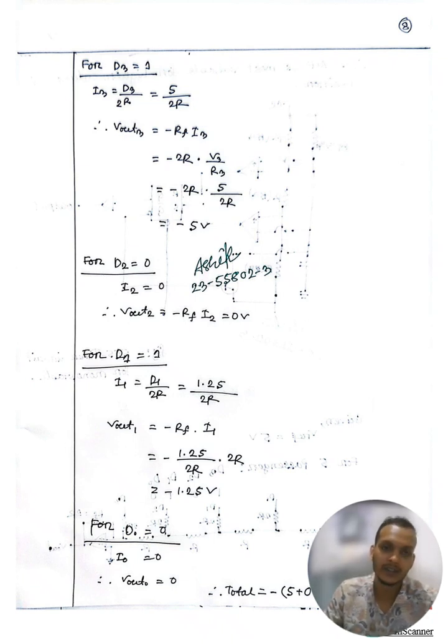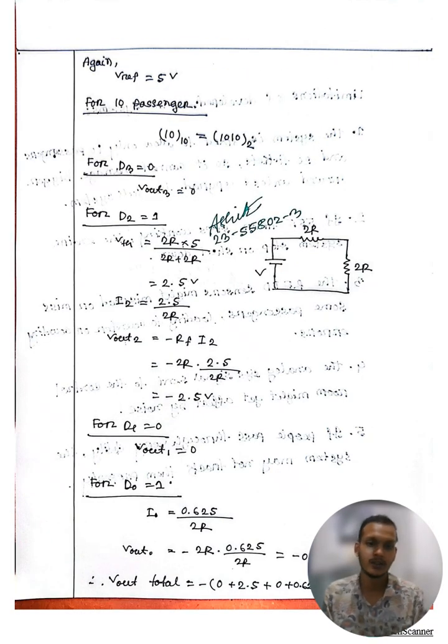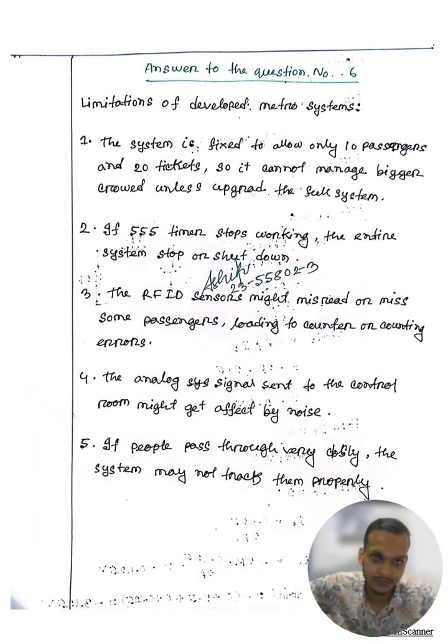From the R2R ladder circuit, simply we will find Vout for the 4 inputs. Summing all of these, we get our total Vout of minus 3.125 volt.